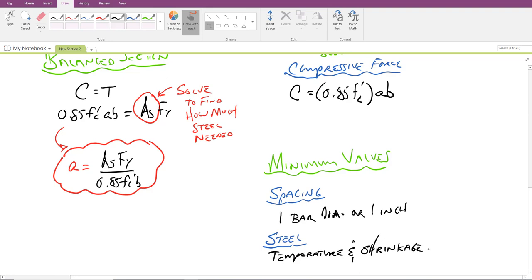That is how the concrete expands and contracts with regard to increases in temperature in the summer and decreases in temperature in the wintertime. And we have to make sure that the amount of steel embedded within the concrete accounts for that. So there's also a minimum value of temperature and shrinkage steel that has to be kept.